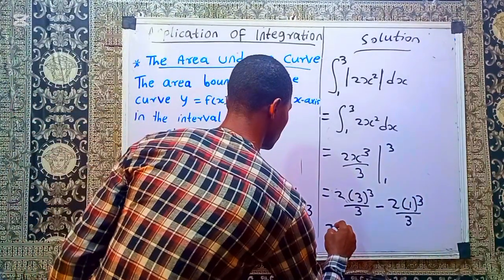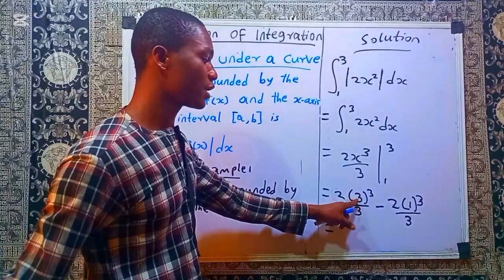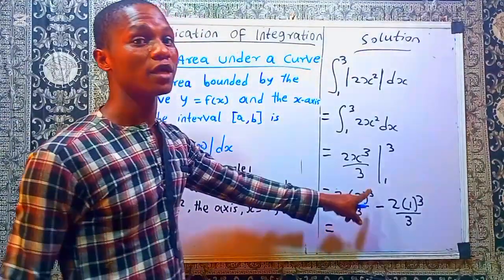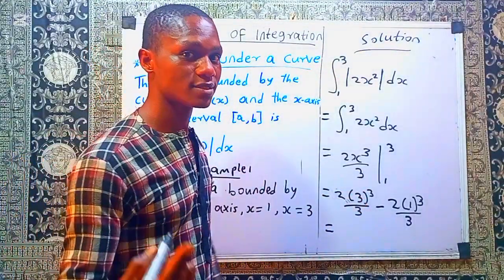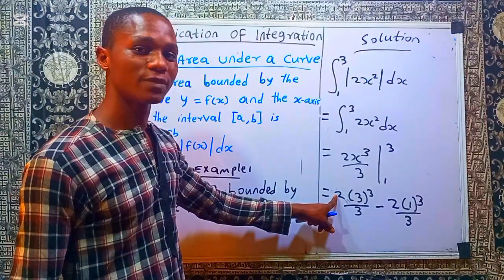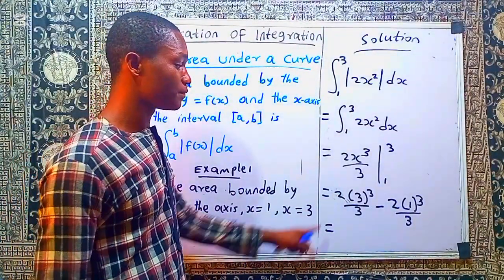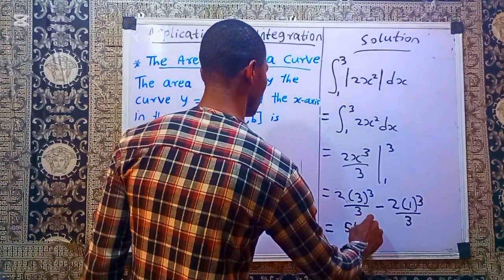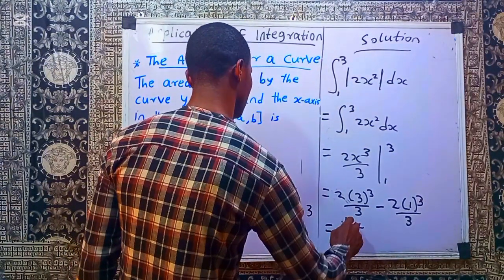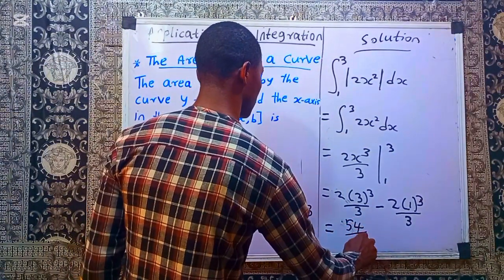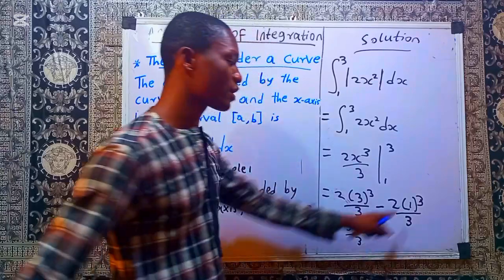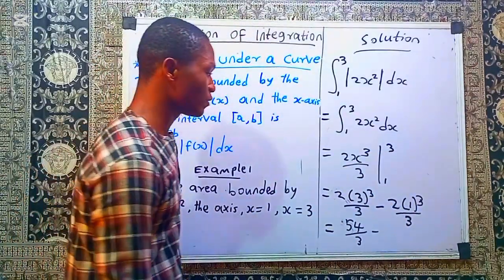So this will be equal to 3 raised to power 3, which is 3 times 3 times 3. That's 27. 27 multiplied by 2, you are going to get 54. So you have 54 divided by 3, then minus 1 raised to power 3, which is still 1.